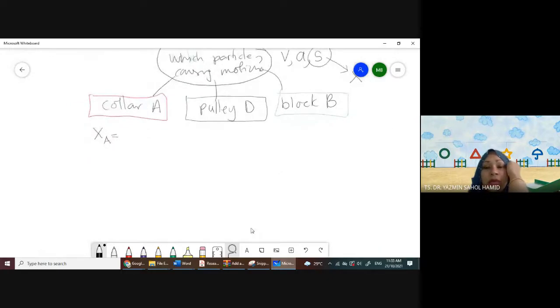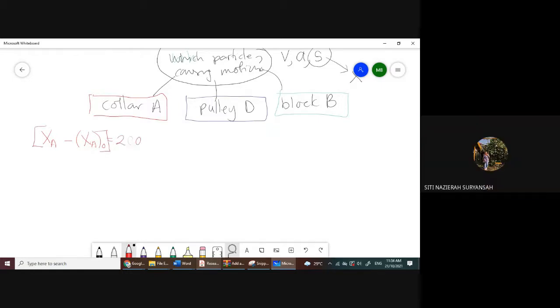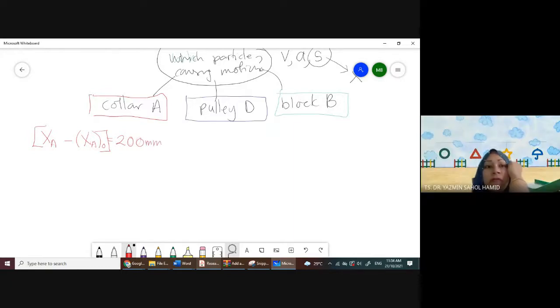So we know XA, from the original position to the final position, is considered to be a value of 200 meter.